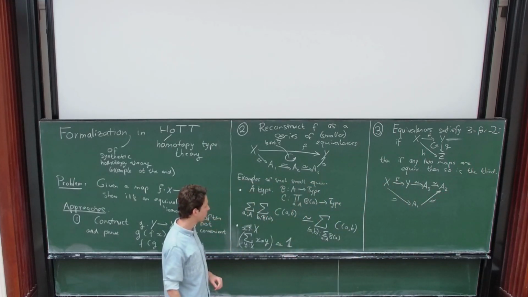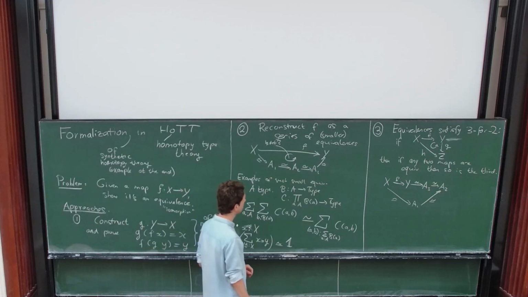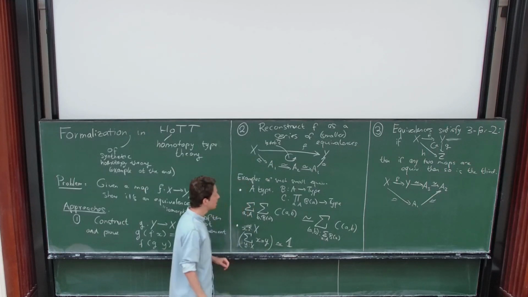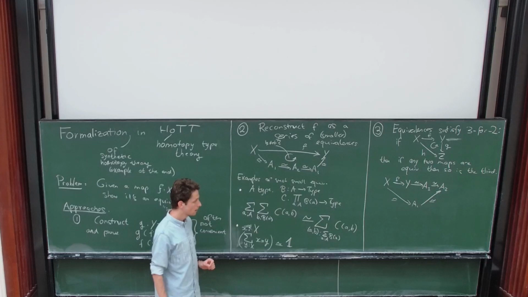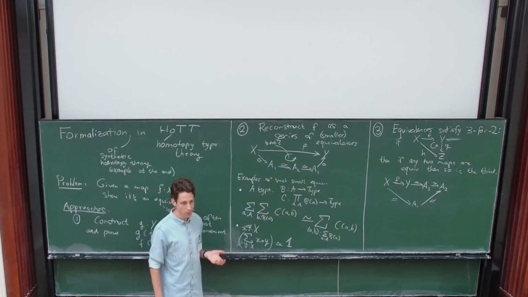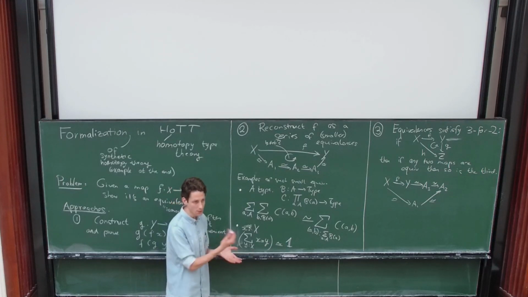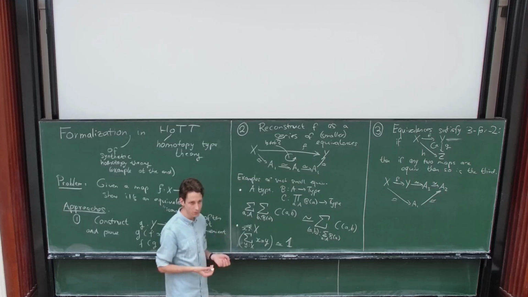And very often, what I find in the examples where I use this technique is you have some projection maps, which happen to be equivalences. Now, in a very real sense, because the map is an equivalence, it can't really forget any information, right? Because I can go back. So in some sense, there's no forgetting the information.